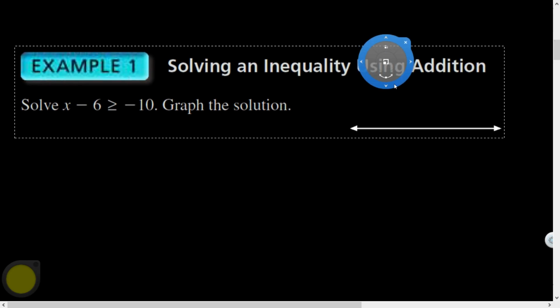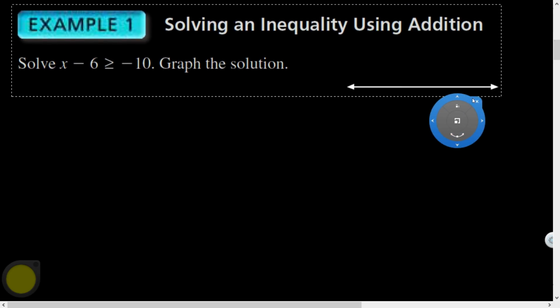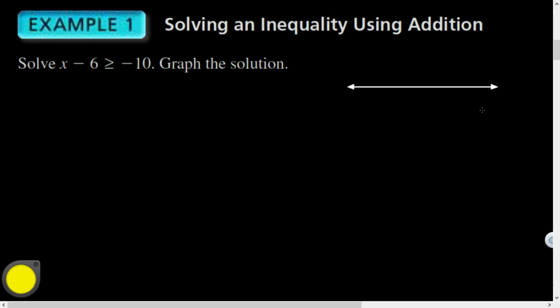Example 1. I've got my cards, and I'm going to have Devin, the first card, help us with example 1. How do you think I could solve for x? I want to get x by itself.